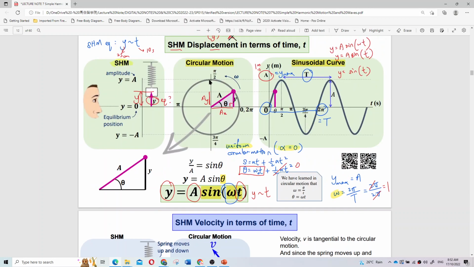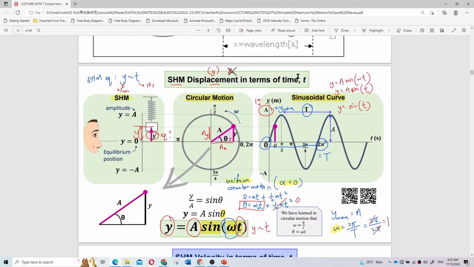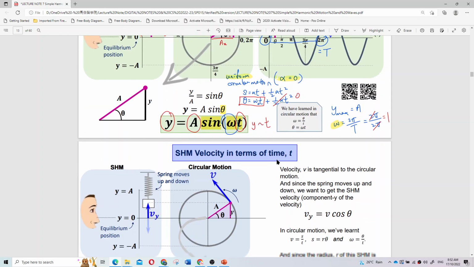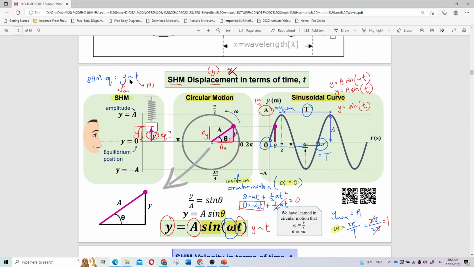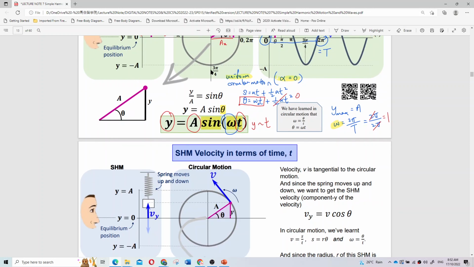Just now we got the equation for displacement time. How about velocity time? We want to find the SHM equation for velocity versus time. That means if I give a time of 10 seconds, what is the velocity?